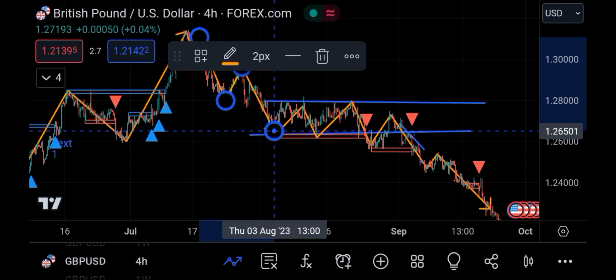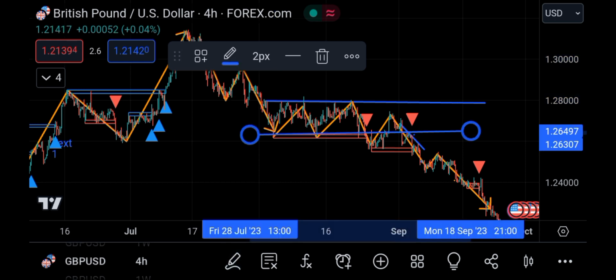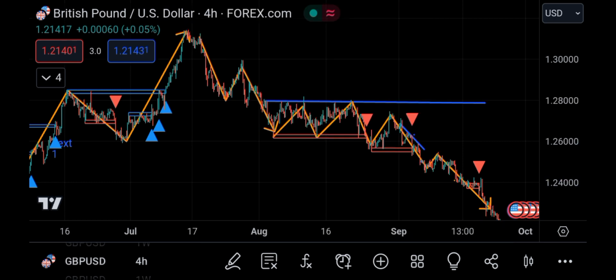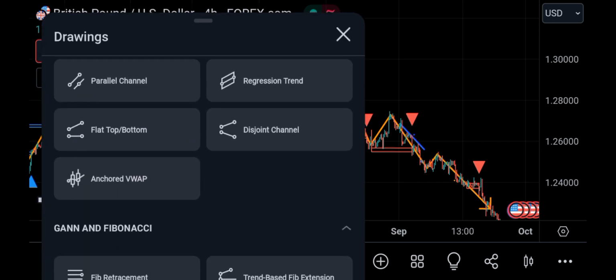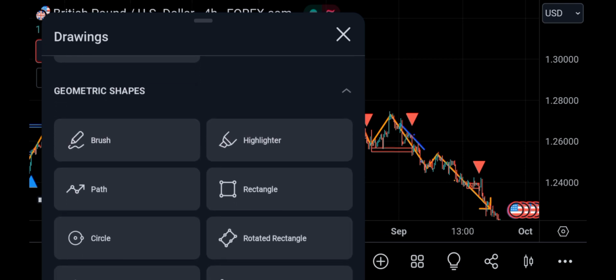And after the consolidation, you can see the market did move all the way down. Let's define the correction yield zone.